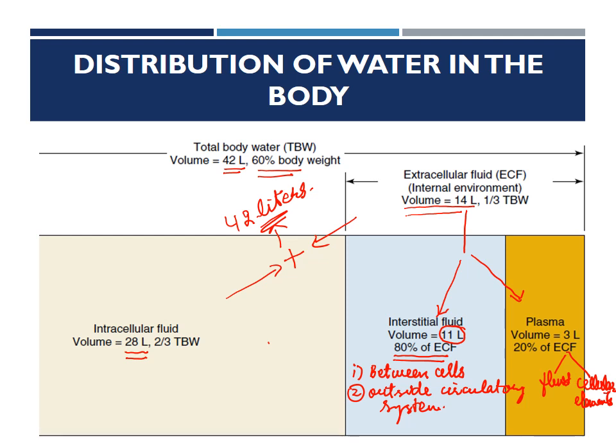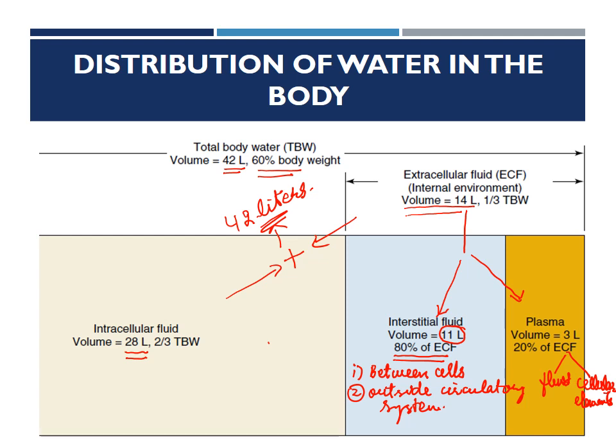So the extracellular fluid volume is 14 liters, while the intracellular fluid is 28 liters. Together these two make up 42 liters.